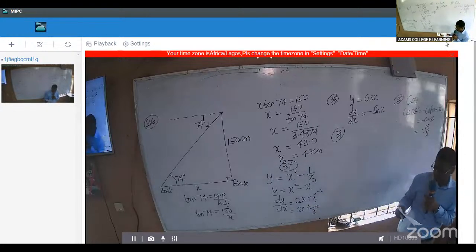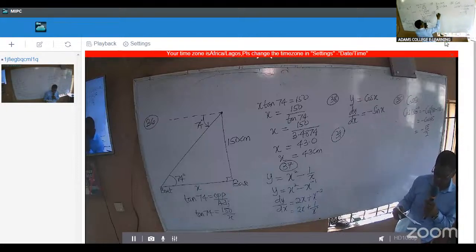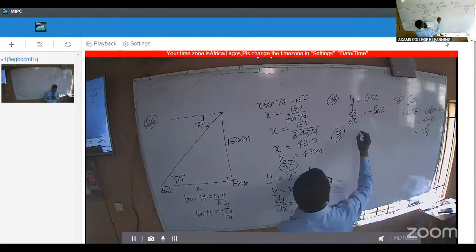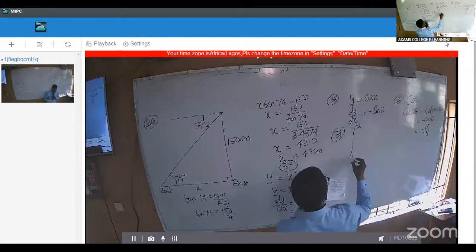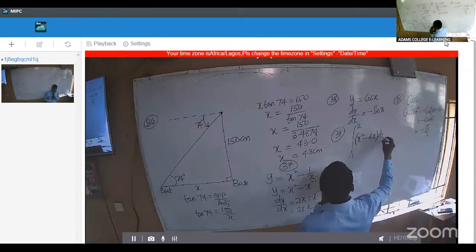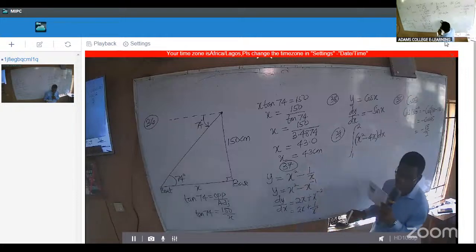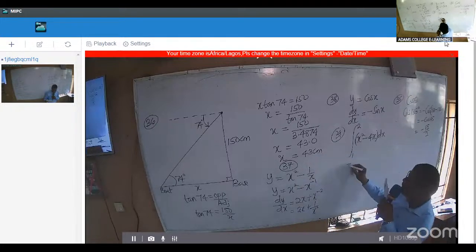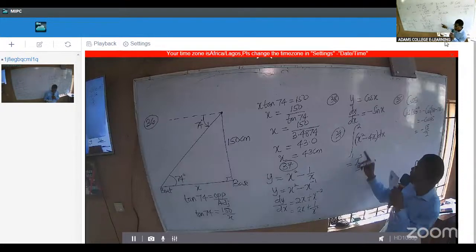Number 39. All the administration, you must not miss this one. We did it yesterday. Integration. Class, if I integrate s squared, what will I get? s cubed over 3. Do we agree? You add 1 to 2, that will be 3 over 3.